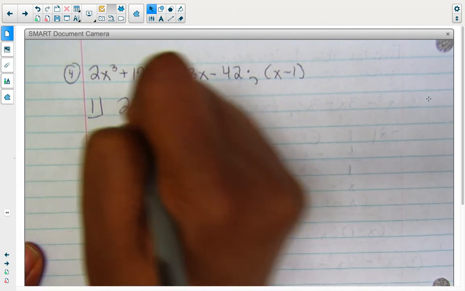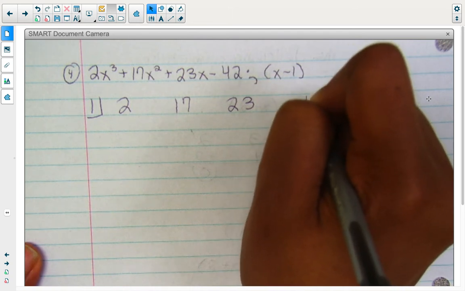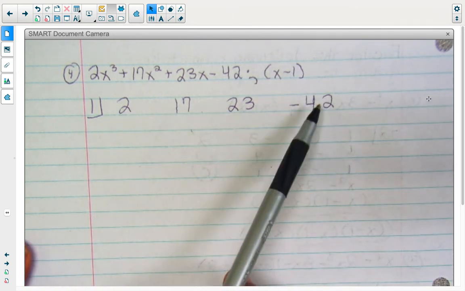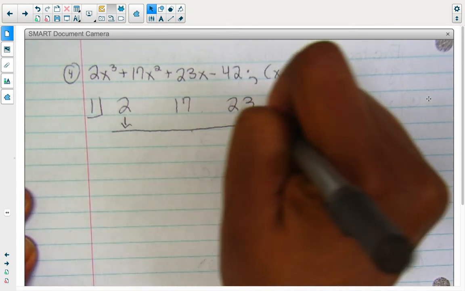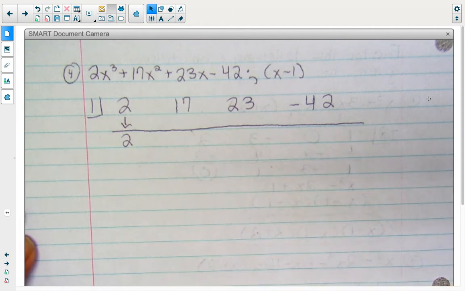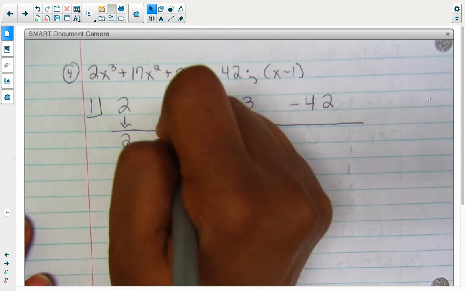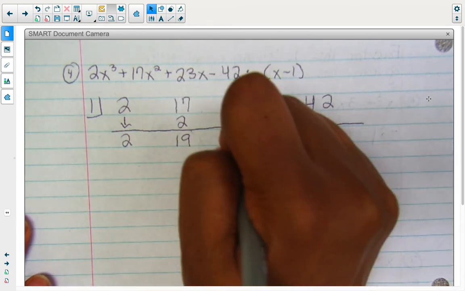2 is a coefficient, 17, 23, -42. This is x to the 3rd, x squared, x, and then my number. The 2 comes straight down. From here, we're going to multiply, add, multiply, add, multiply, add. 2 times 1, 2. 17 plus 2, add. 19 times 1, 19.